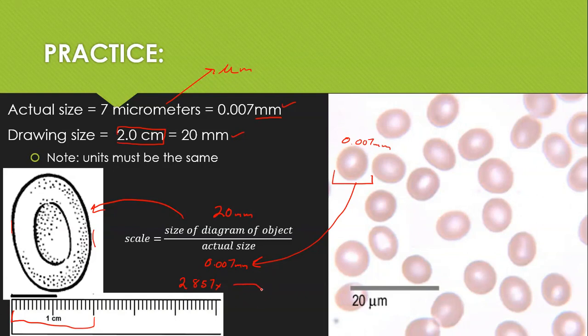Now, if we want to be consistent, we can convert this to one significant digit because this has one significant digit in it. So we could put this into scientific notation and just call it 3 times 10 to the third times. Okay, that is my scale.